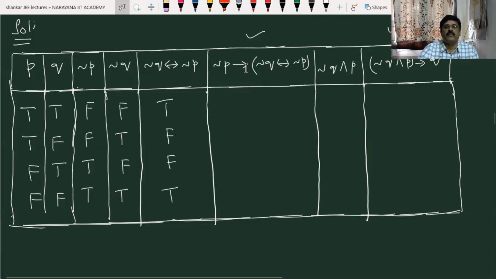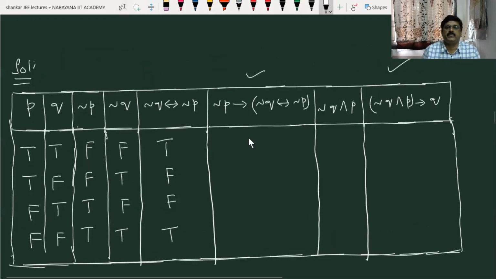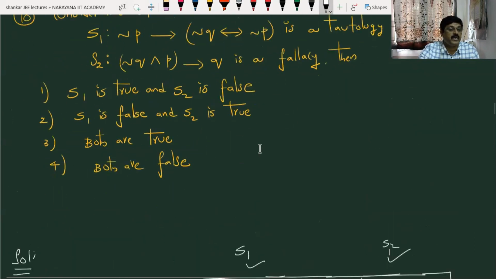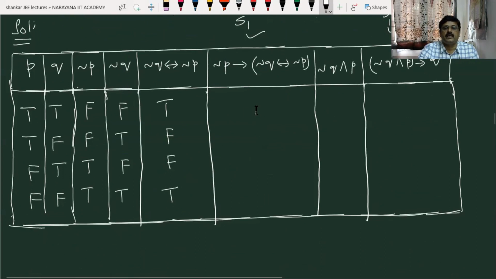Now our statement 1, this is statement 1 only. They gave in the problem that this is a tautology. If really it is a tautology, all truth values here should be T only. Now, negation of P means third column versus fifth column. Just implication, only here the implies symbol is there.